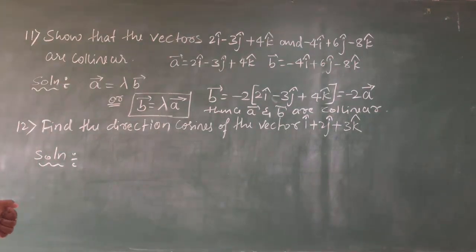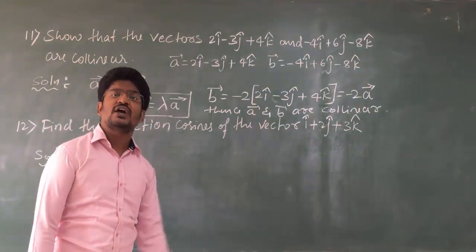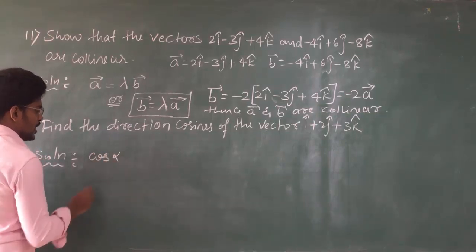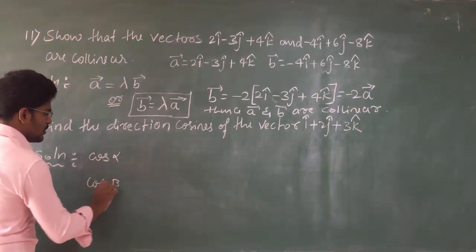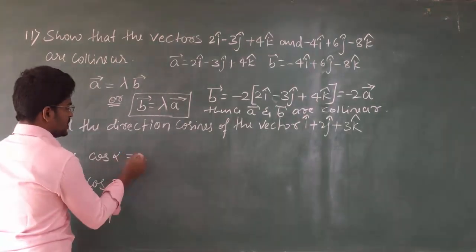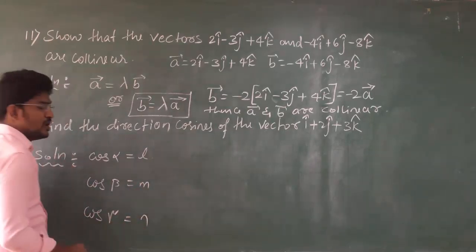Let us go for the next one, that is problem number 12. In problem number 12, they are asking to find the direction cosines of the given vector. So direction cosines are cos alpha, cos beta, cos gamma, that is nothing but l, m, n. Clear?